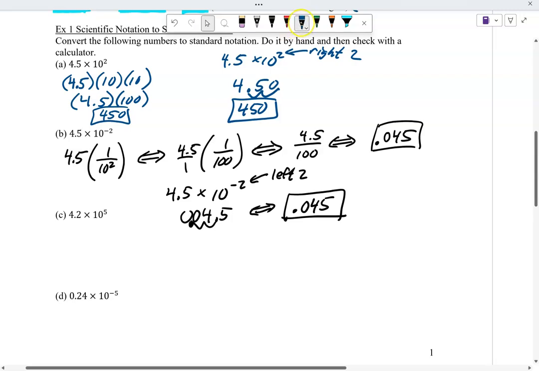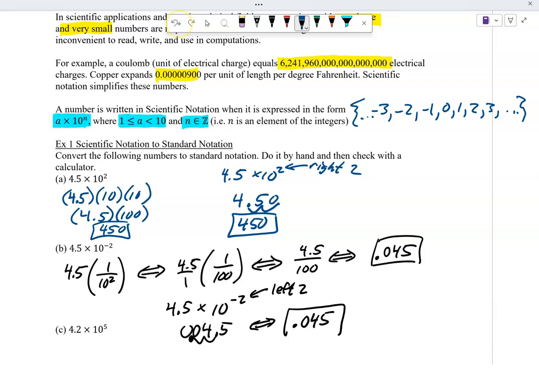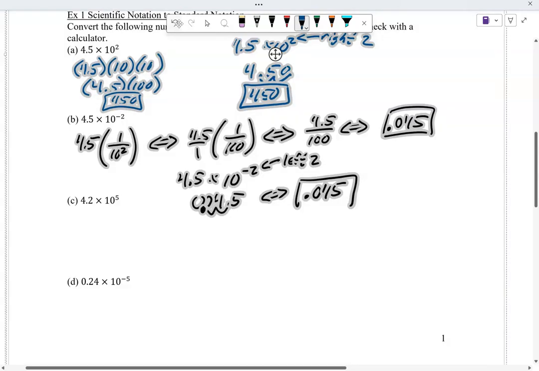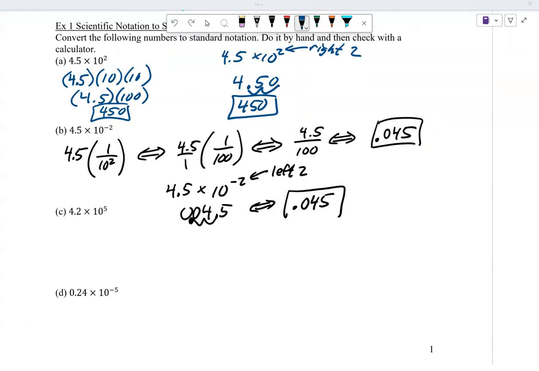So now we've got 4.2 times 10 to the 5th. 10 to the 5th would be 100,000, right? So this is 4.2 times 100,000. But we're going to do it the easy way, where we just move the decimal to the right 5 spots.